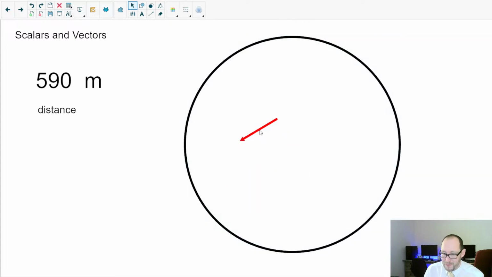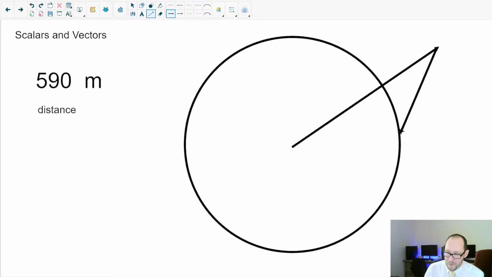Again, there are some people who like finding ways around rules. I did say end up 590 meters away from the center, so you could have gone, all right, I'm going to mess with you, I'm going to walk 700 there and then come back to here. Perfectly fine. But at the end, I know you are somewhere on the edge of this circle, because I gave you a direction, sort of.